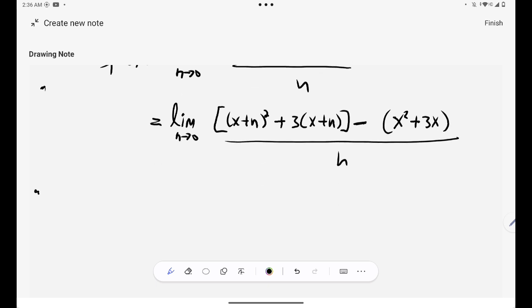This entire thing is divided by h. The aim here, guys, is to substitute 0 whenever I see h. Are you together? But right now I cannot do that. Why? Because h is at the denominator. Whenever I substitute 0 here, this entire thing will be undefined. Are you together? So now my goal is to try to get rid of that h at the denominator.